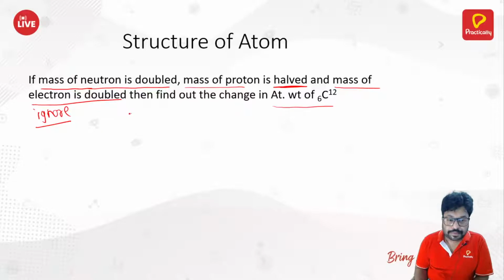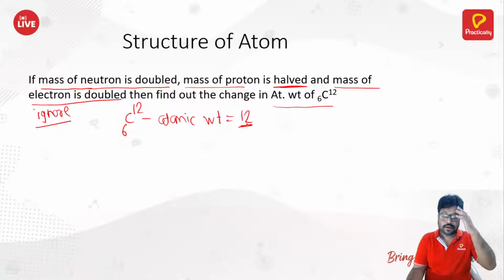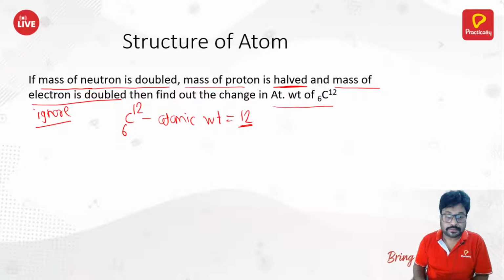Now atomic weight of carbon, 12 over 6, its atomic weight right now is how much? It's 12. And it has how many protons? Number of protons are right now 6. Number of neutrons are also 6. Okay. So, in a new species, what are they saying?